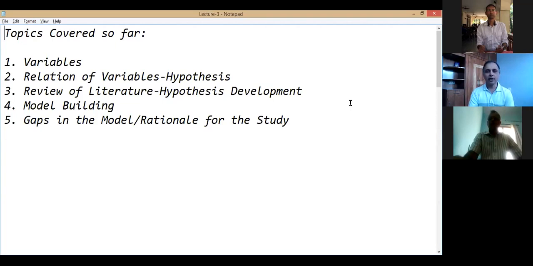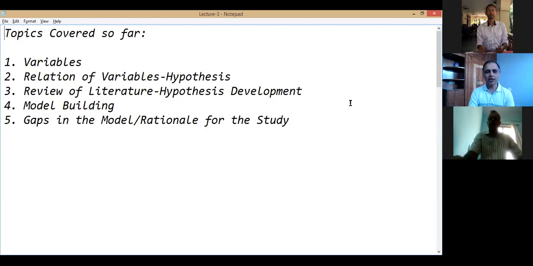Our attempt will be to make a model which will be used everywhere. So it's a sort of a mother of all theories, a theory containing all the theories. This is our consistent human endeavor. For this, we are doing the research, we are adding new things from different domains, and this will be called the gaps in the study or rationale of the study, why we are going for a new study.